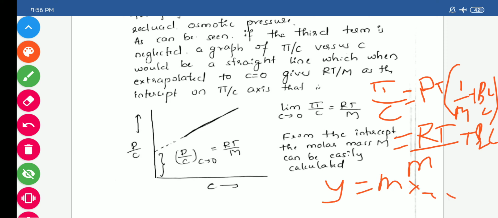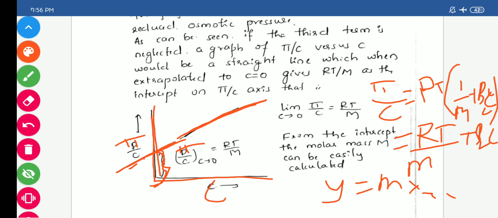If you plot pi by C versus concentration C, you will get a straight line, and extending it, it will cut the y axis, and this is called the intercept.